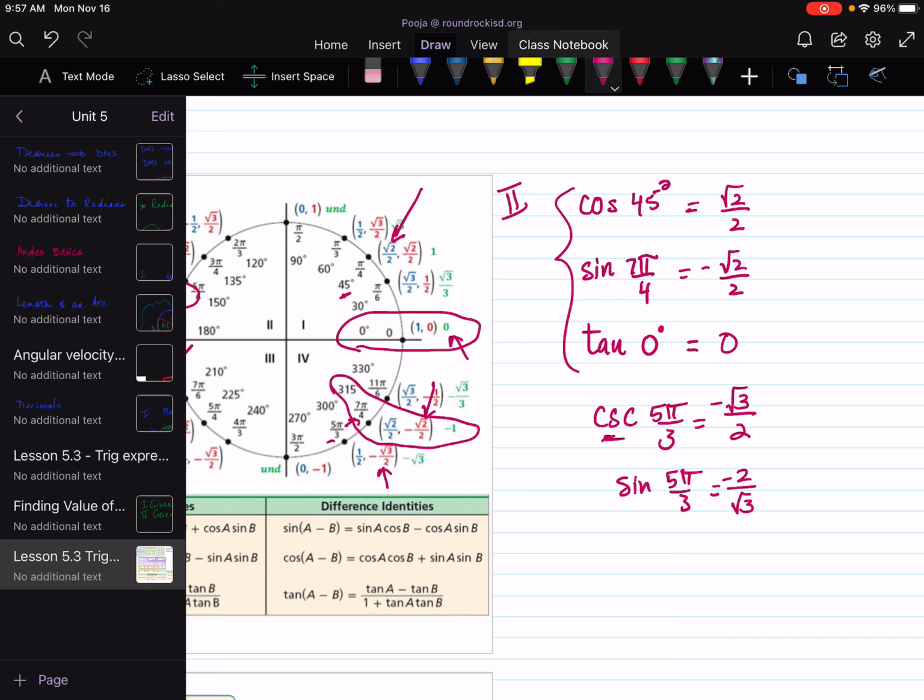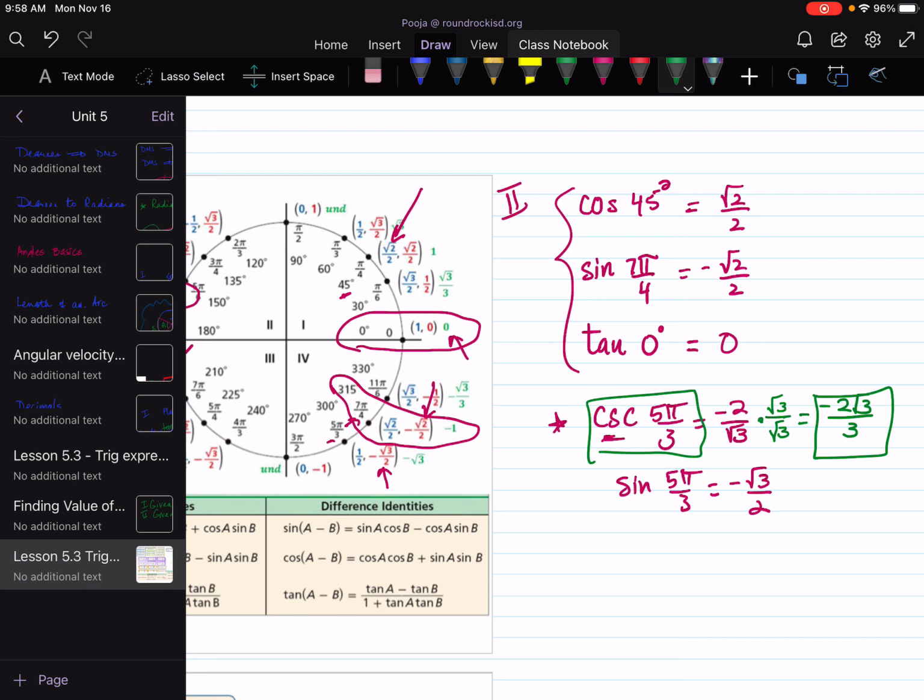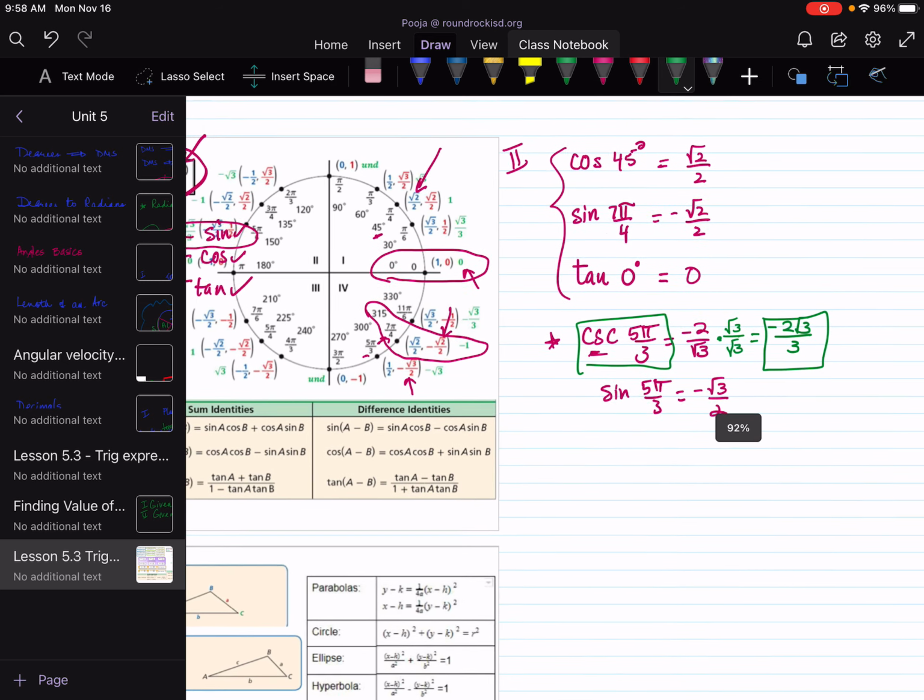Oh no, I didn't put it right. It's negative root 3 over 2. To get to cosecant, I will have to flip it over, because this was my original question. Then I have a little problem I have to take care of by rationalizing the radical. And there we go. So cosecant of 5 pi over 3 is negative 2 root 3 over 3. We do not have to convert it to decimal.